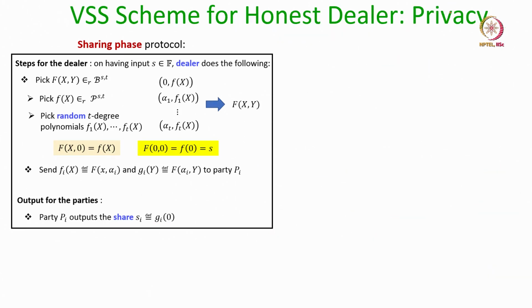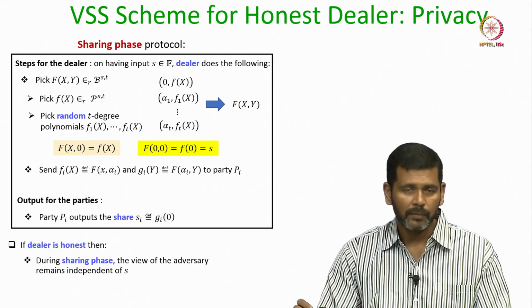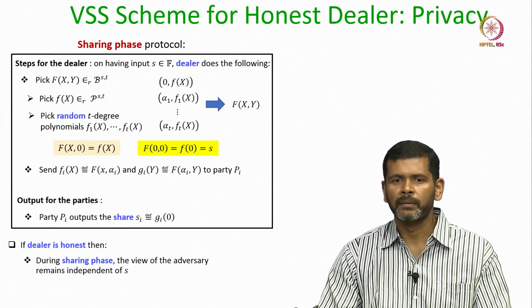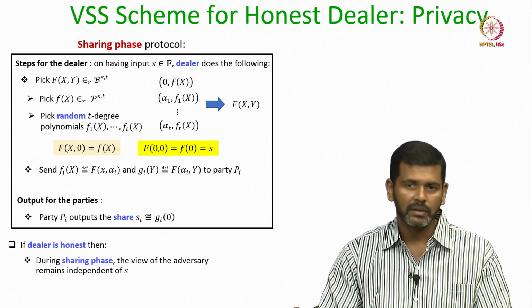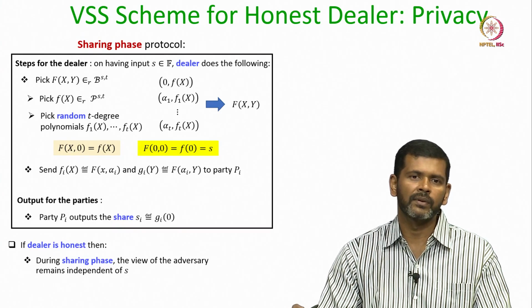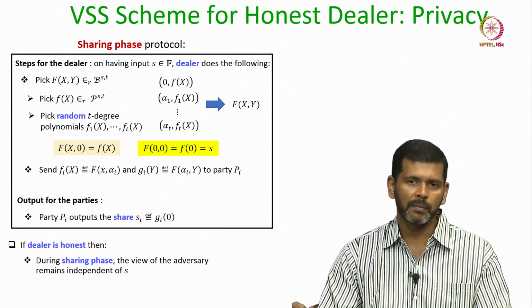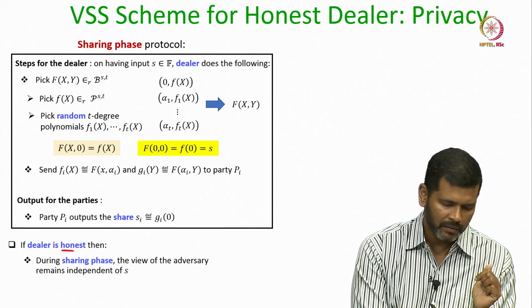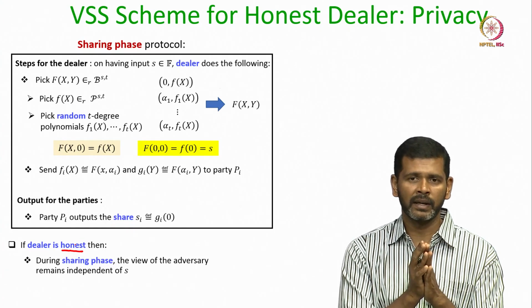Now, let us prove the privacy property. The privacy property of the VSS scheme demands that if the dealer is honest, then during the sharing phase the view of the adversary corrupting up to t parties, excluding the dealer, should remain independent of the dealer's secret. Why excluding the dealer? Because we are arguing privacy only for the case when the dealer is honest.